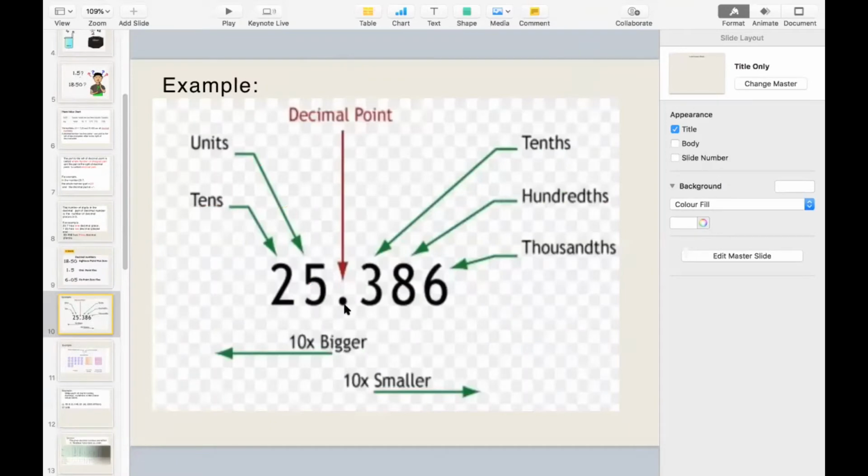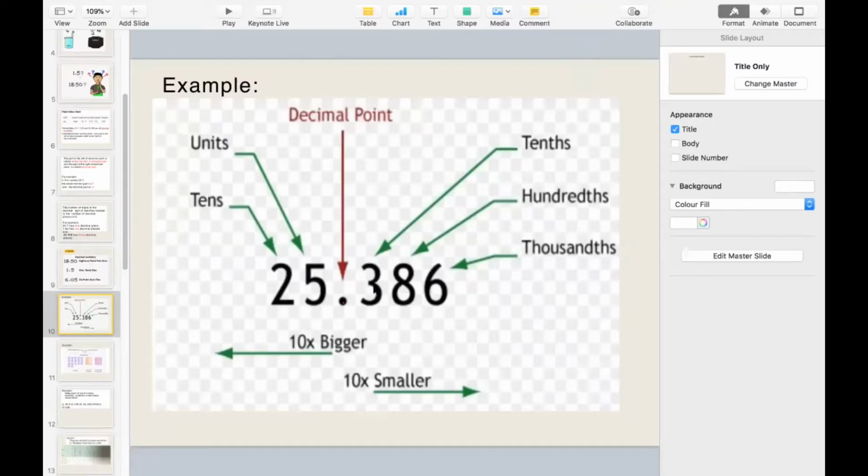Can you see the decimal notation here? This is the decimal point, and 5 is at the ones place, and 2 is at the tens place. But after the decimal point, the values smaller than 1 are written. So that 3 is at the tenth place.